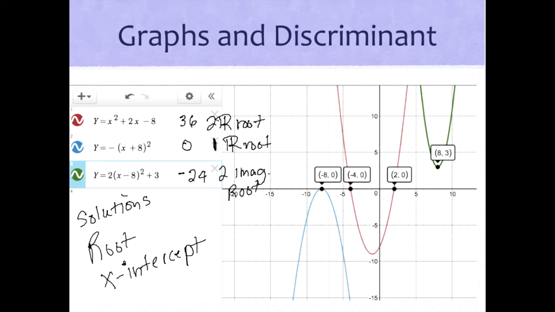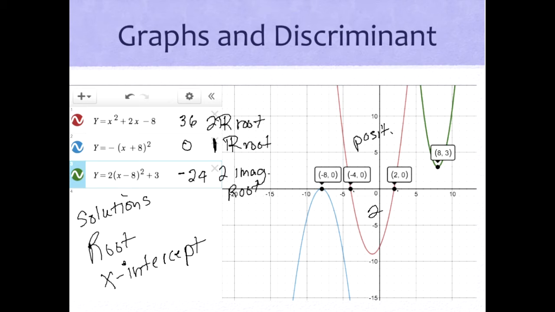So I want you to notice that in the red equation, the parabola touched the x-axis 2 times. We had a positive discriminant, and we have 2 real roots because it touched the x-axis twice.